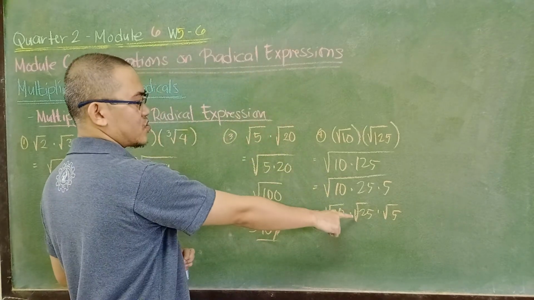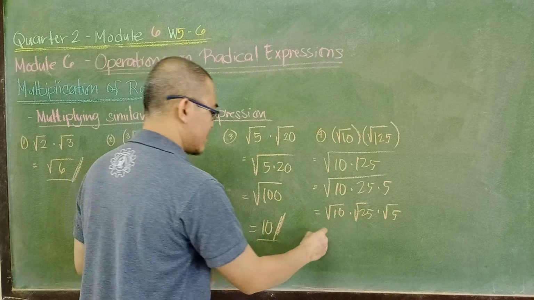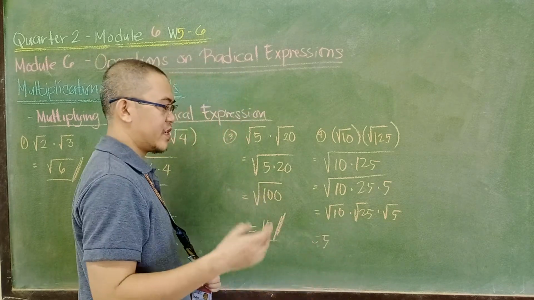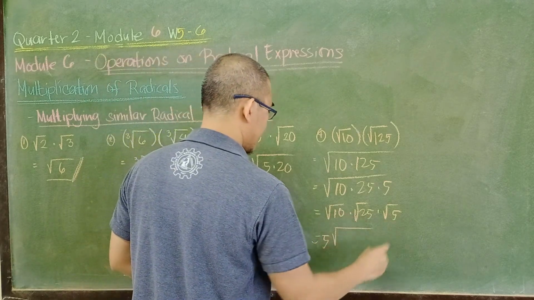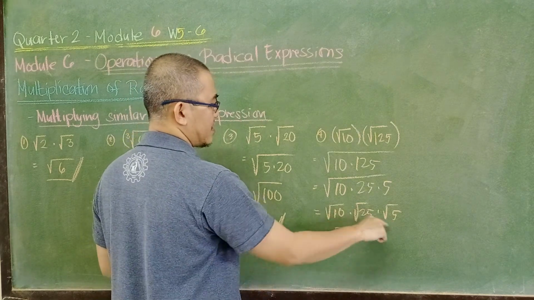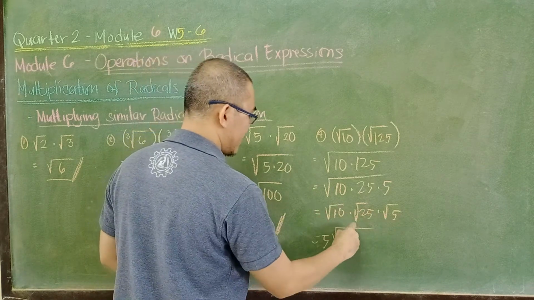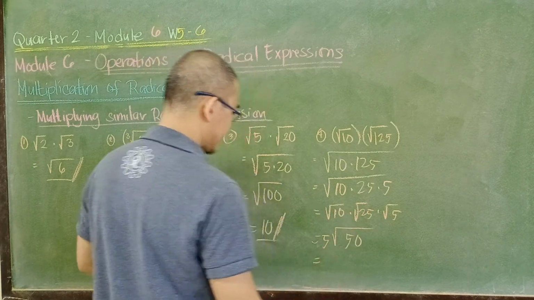Now obviously, square root of 25, which is a perfect square, ang square root ng 25 is 5. So pwede mo na siyang ilabas. And then, ang maiiwan sa loob, yung 10 at saka yung 5, nasa loob pa din sila ng radical sign. So try to multiply 10 times 5, that is 50.